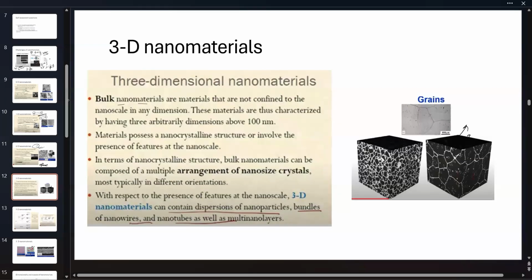In terms of nanocrystalline structure, bulk nanomaterial can be composed of multiple nanosized crystals, typically in different orientations. If you see different grains, they would be oriented in different directions.